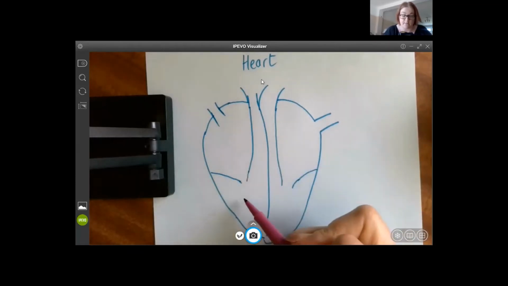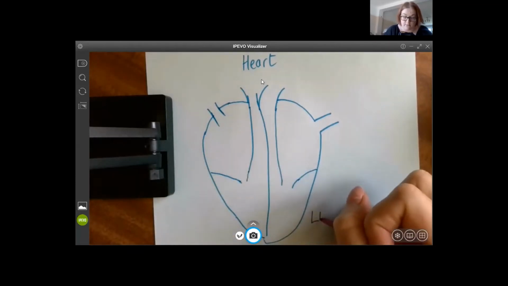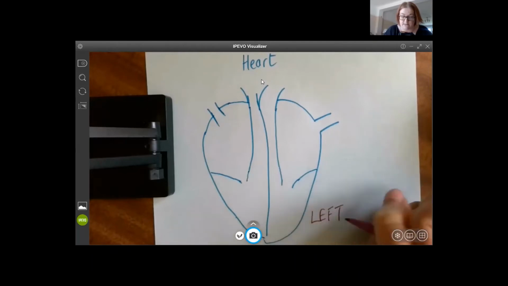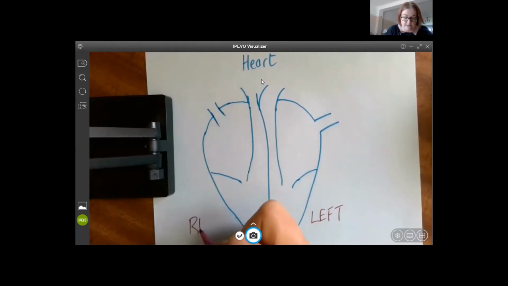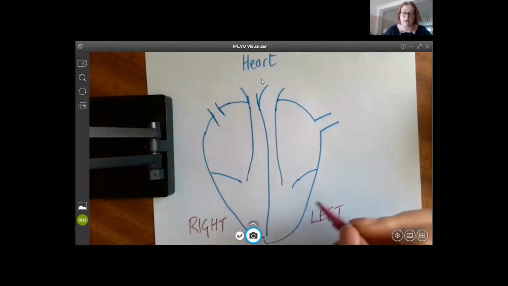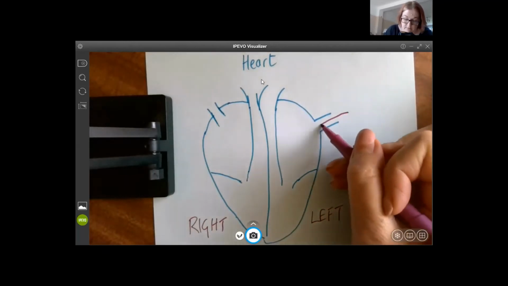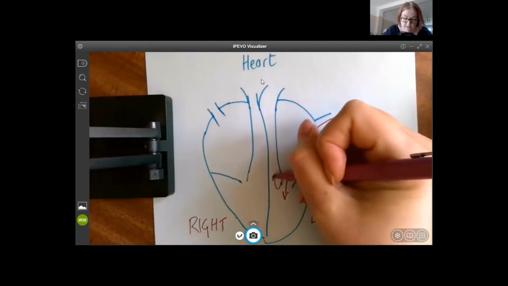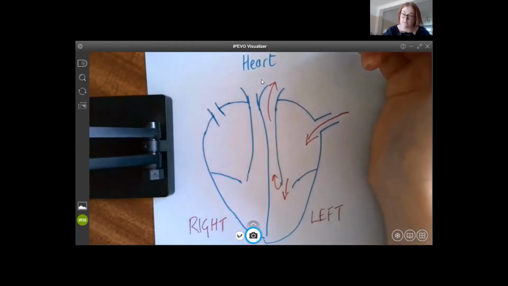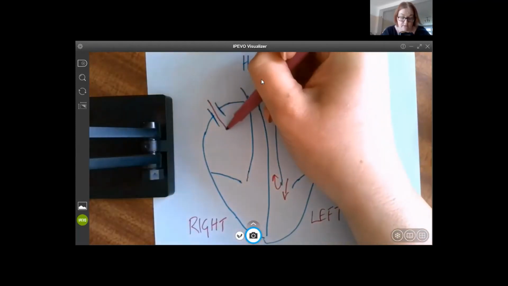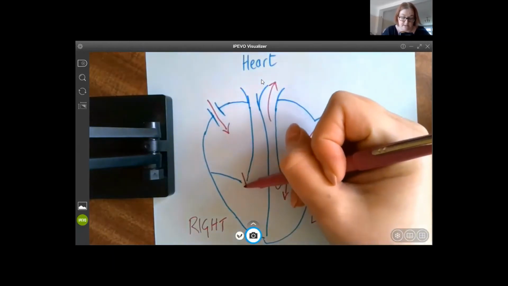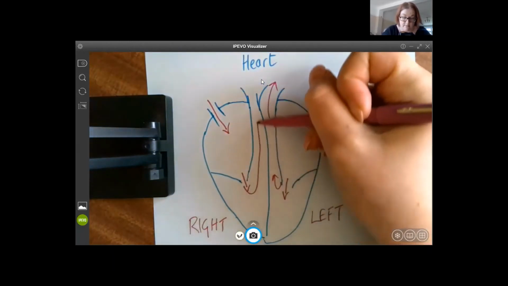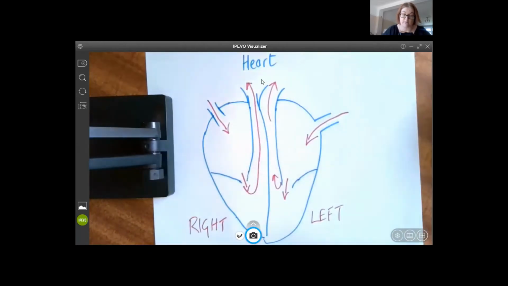So here we've got my not very great drawing of a heart, and you've got those four chambers of the heart. Now if you remember, this is the left side of your heart and this is the right side of your heart. And then we've got the blood coming in here, it's going down through there and then up and out through there. And then on this side again, we've got the blood coming in here, it's going down through here and then up and out through there.